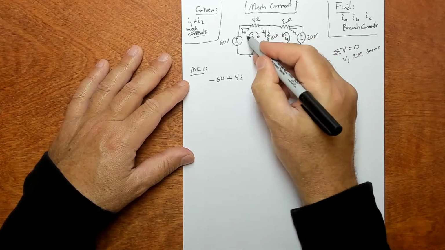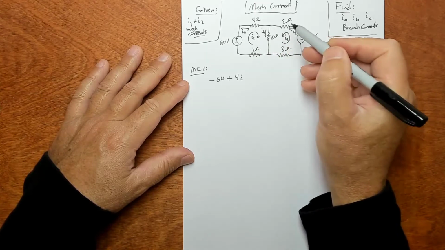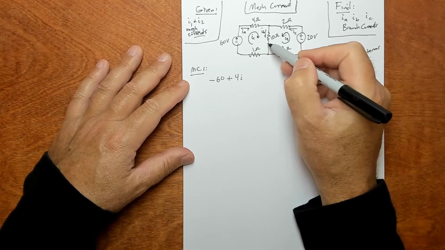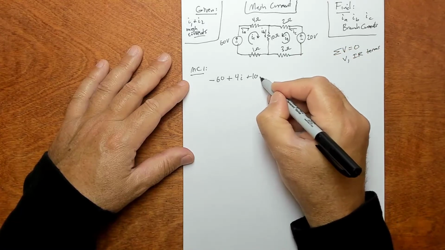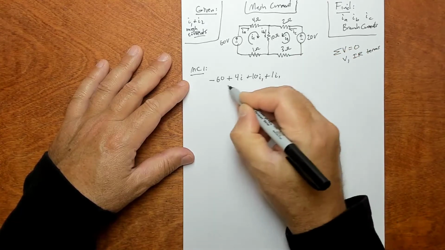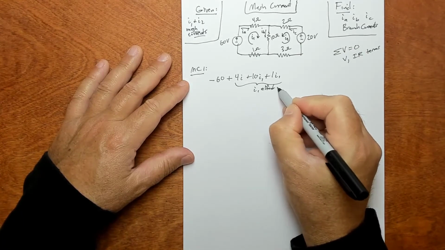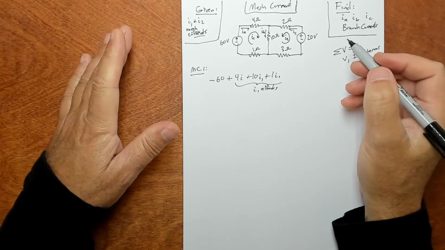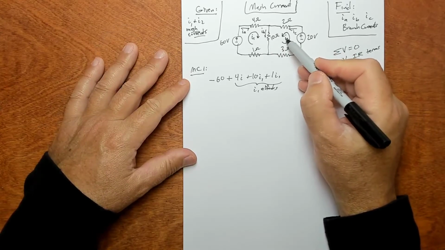So this loop going around here, it's 4I1 gives you a voltage drop, 10I1 gives you a voltage drop, 1I1 gives you a voltage drop. So it's 4I1 plus 10I1 plus 1I1. These are the I1 effects. Okay, then you've got to use superposition. You've got to add in the effect of I2.